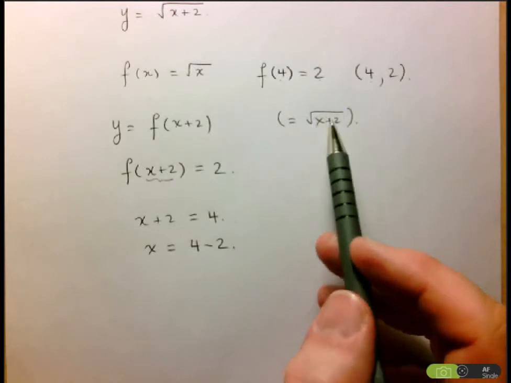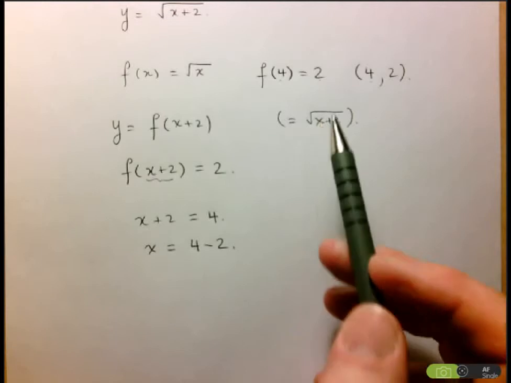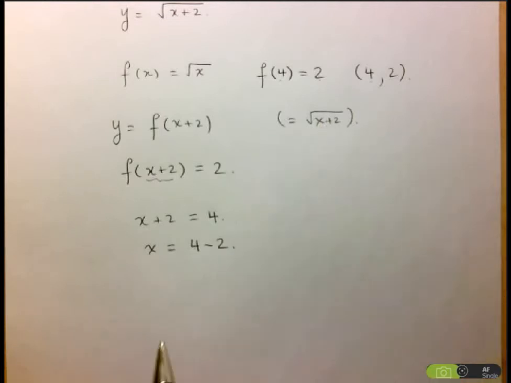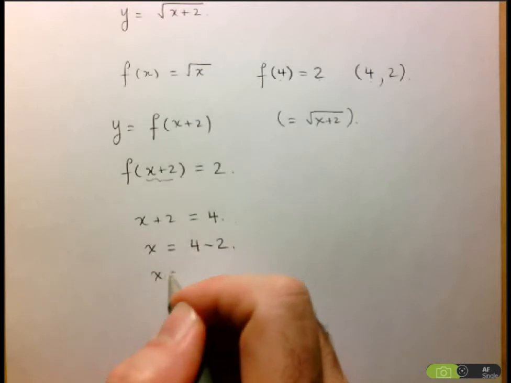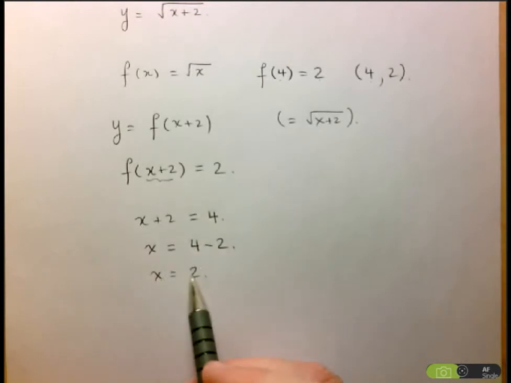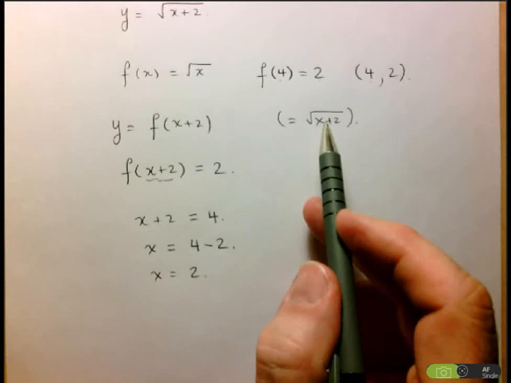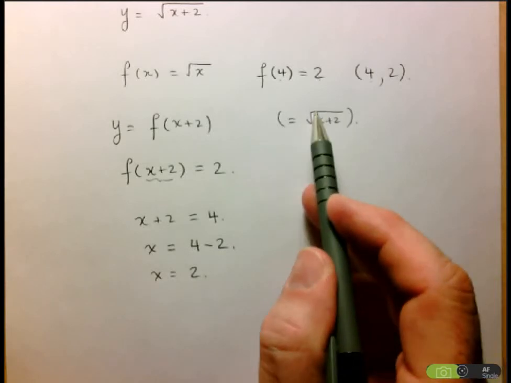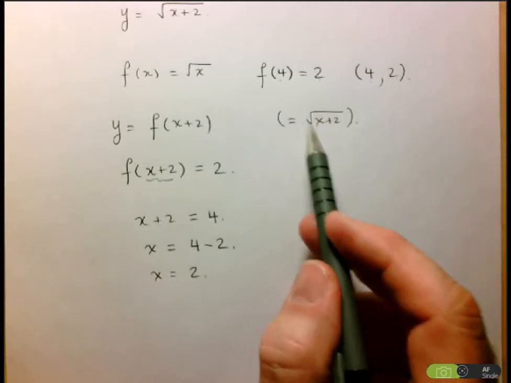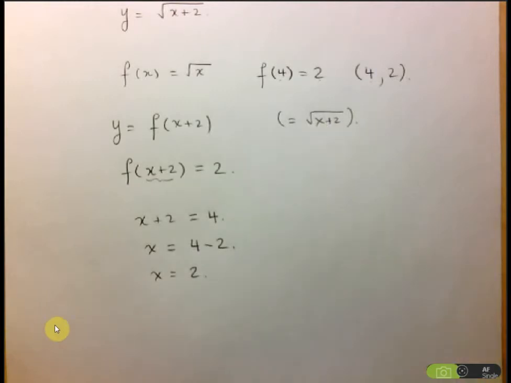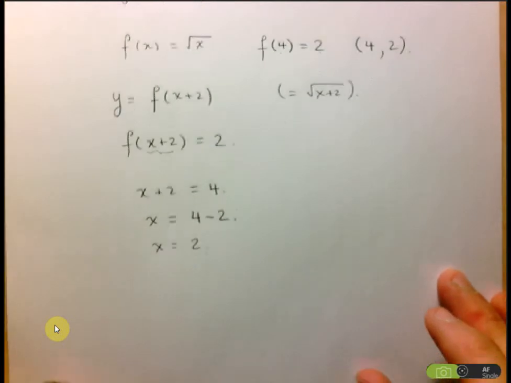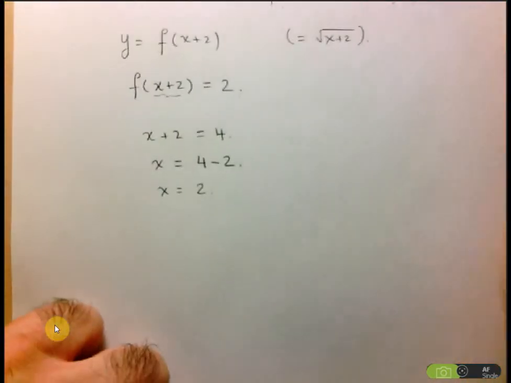When determining the actual x value that will give us the required y value, we have to perform the opposite operation. And so x needs to be equal to 2, so that the output will be equal to 2, because the square root of 2 plus 2, which is 4, is equal to 2. So this explains algebraically why this effect should always be opposite.